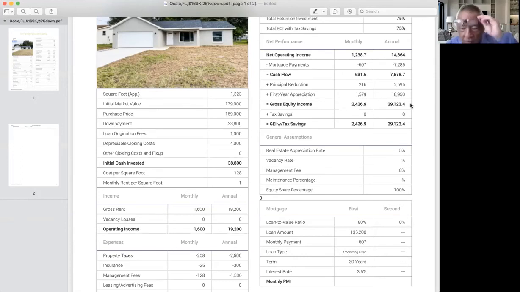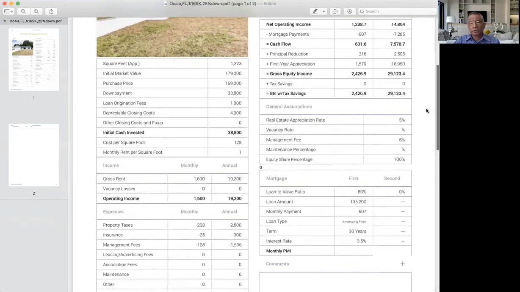I can't see that well. See it right here? Then this number, 23,000-something, divided by your total cash invested, closing cost and down payment at 20% down, which is 38,000, equals 75% return on your investment at the end of the first year.